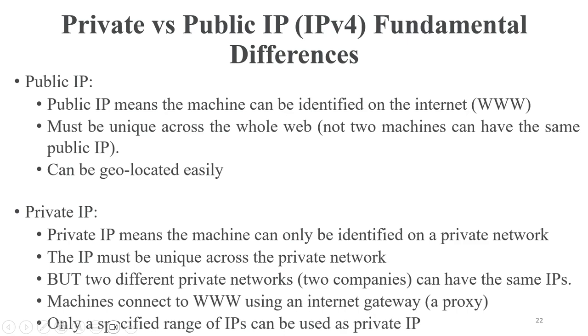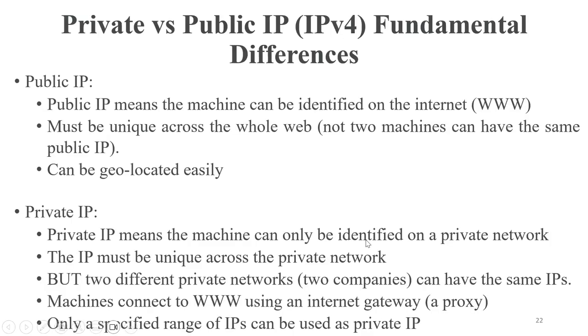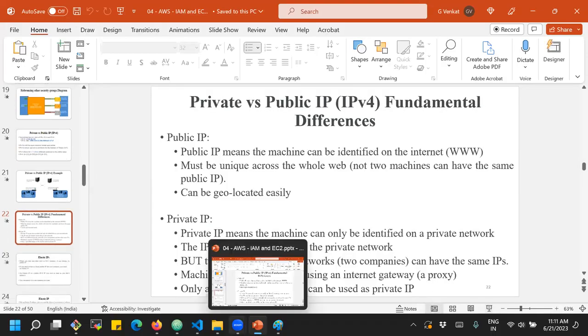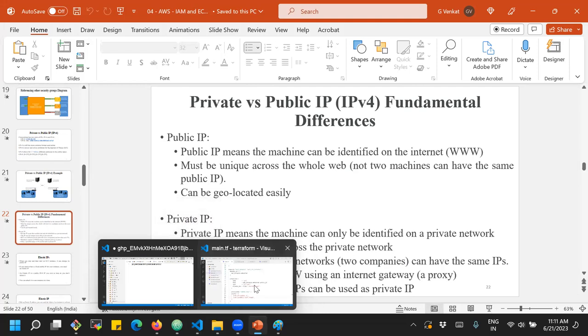But from the private IP point of view, one important point is that only some specified ranges of IPs can be used as private IPs. What are those? Private IPs are defined like this.